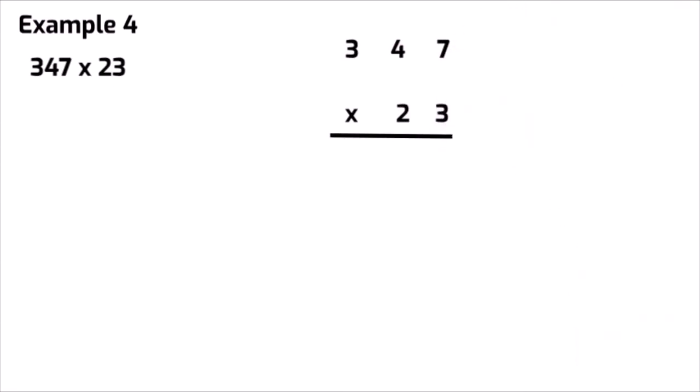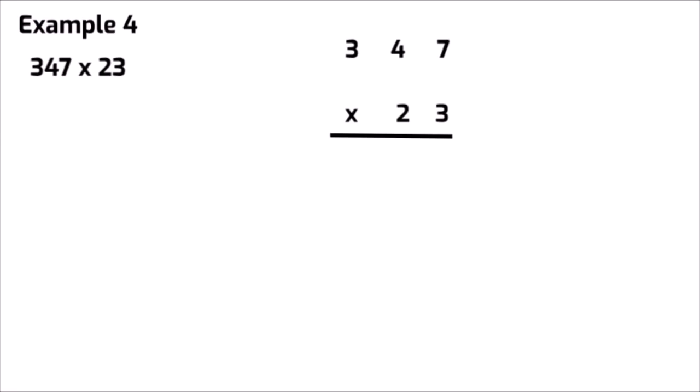Next, we need to use our multiplier to multiply our multiplier. As always, we will start from the right to the left. So, first in line is 3.